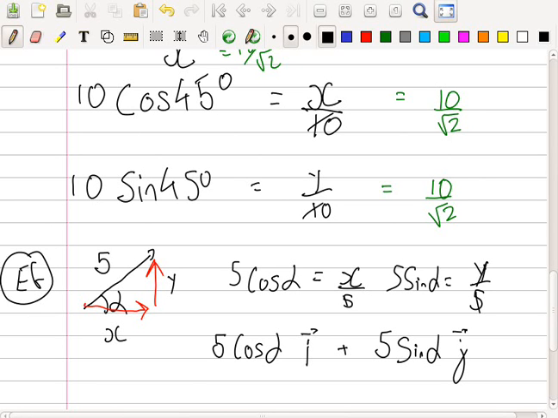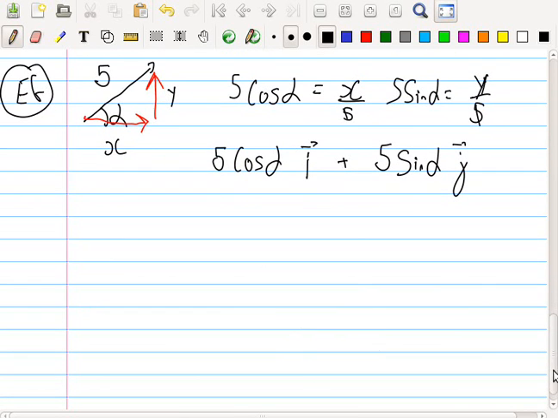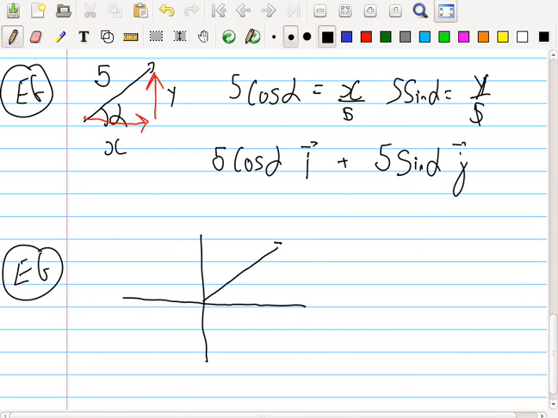Now, they could make the question more complicated, so I'll give you one to try, okay? So let's say this vector here is 3 units, and the angle is 20, well rather, I'll make that 30 degrees.